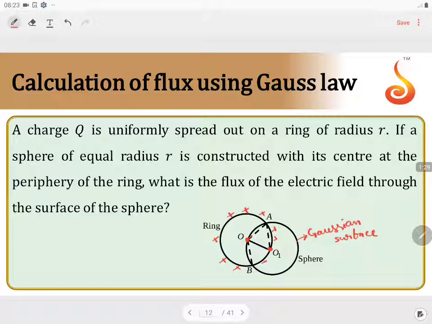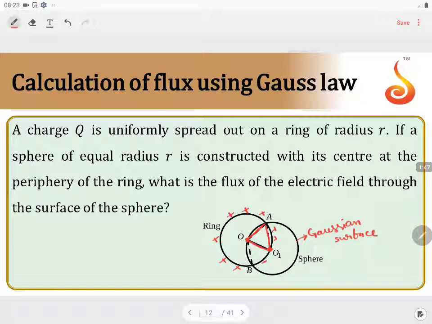This is the radius of the ring, and this is the radius of the Gaussian surface, so both are equal. And also, the distance between the center of the ring and the center of the Gaussian surface is also r.